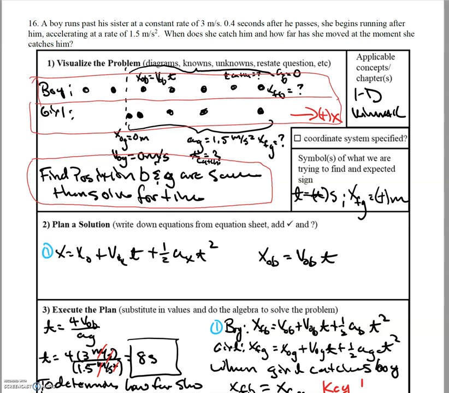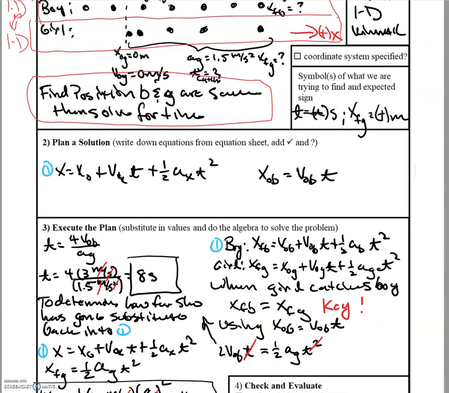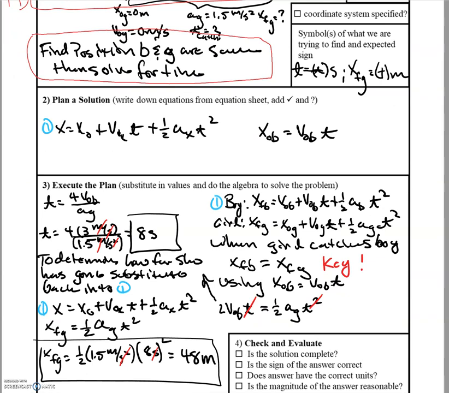The only difference now is we've added a little more difficulty to this problem where we're comparing these two motions together. So this is just a 1D problem, and this is just a 1D problem. And then what we're doing is we're linking them together. So you solve for the final position for the boy, you solve for the final position for the girl, and you set them equal. So that's what we're doing down here on this first step.